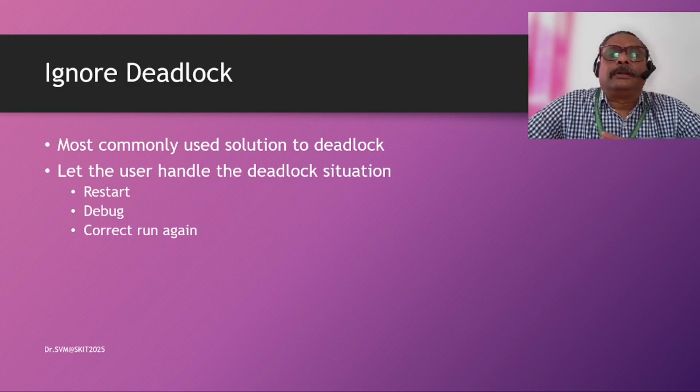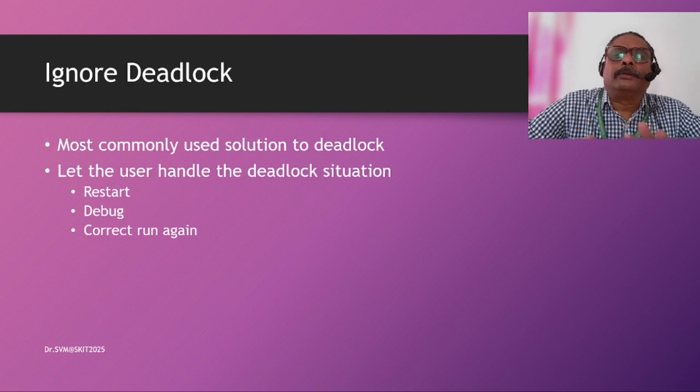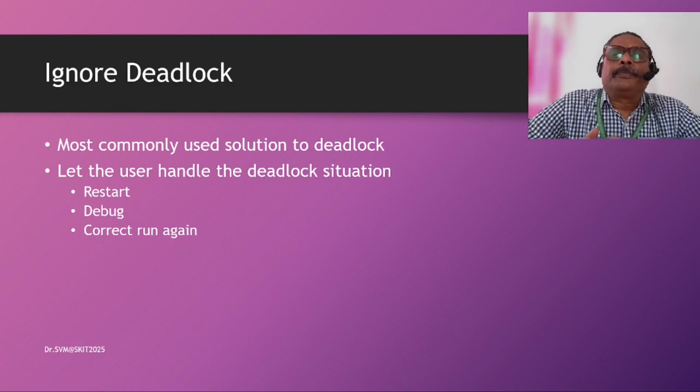So in the beginning we thought of prevention, then we thought of avoiding, then we thought of letting it happen and recovering from it, and finally we are saying that it is the user's process that is going to be disturbed, so you can rerun that user process again with minimum disturbance to the overall system.